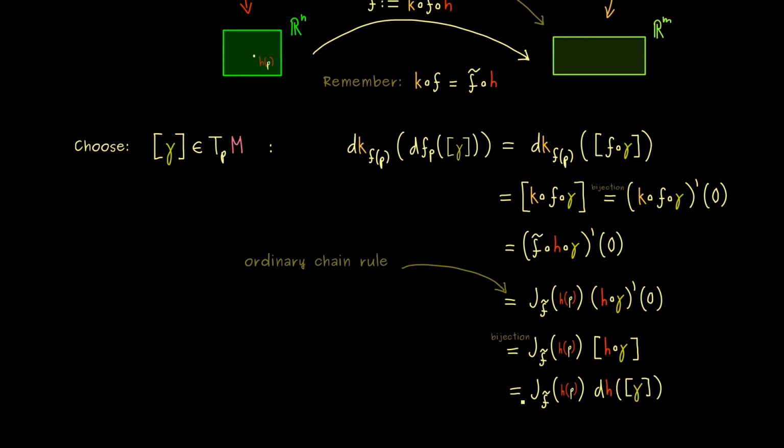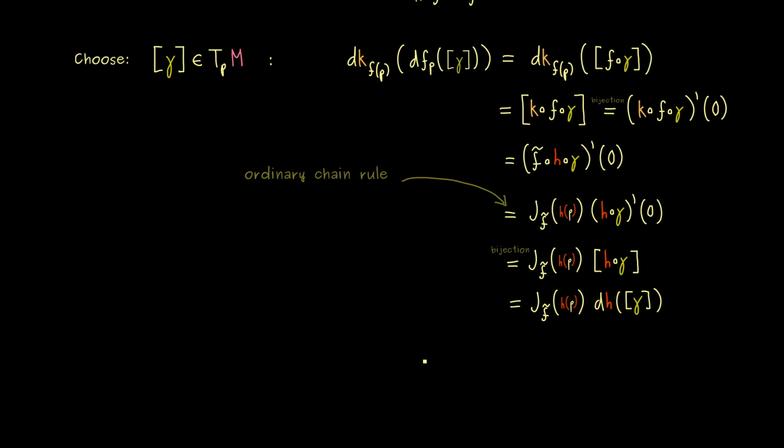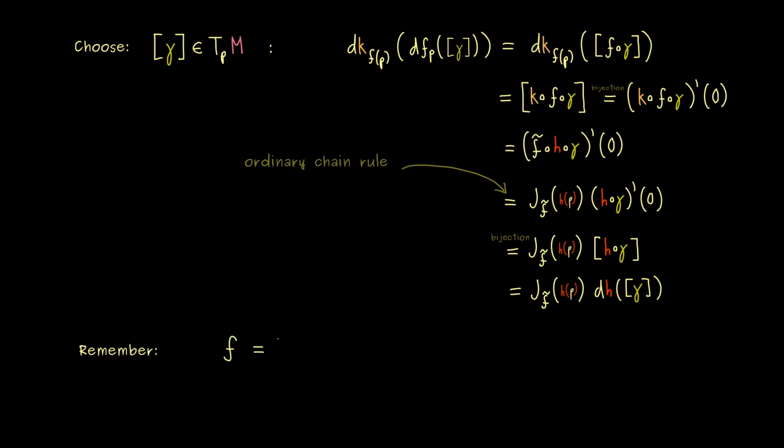This is the whole calculation I wanted to show you, because there we now can bring dH to the other side, or we can bring dK to the right hand side here. And let's do the latter, because this one explains how we can see the differential. So on the one hand, we can say F is given in local charts as K inverse, composed with F tilde, composed with H. And now we know by the calculation I showed you before that dF is also given in local charts.